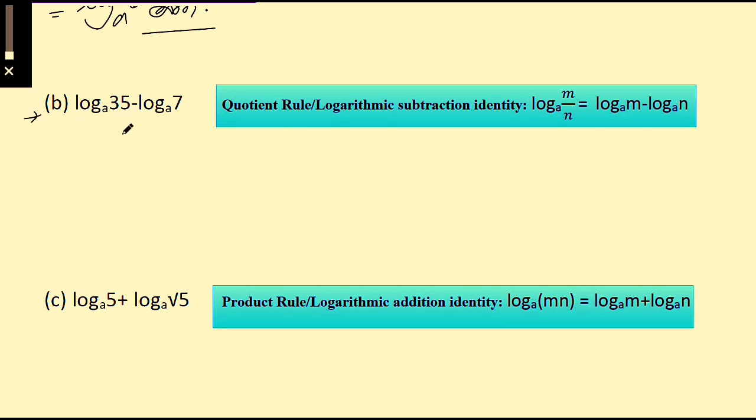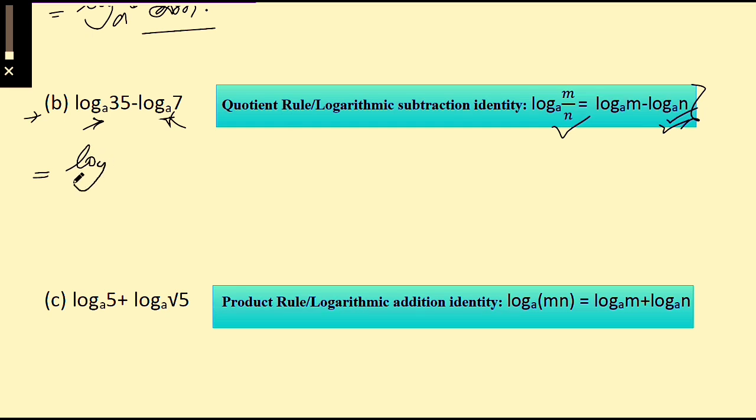In question B, we have log 35 to the base of a minus log 7 to the base of a. As we know from the division rule of log, if there is a log m over n to the base of a, then we can write it as log m to the base of a minus log n to the base of a, and vice versa.